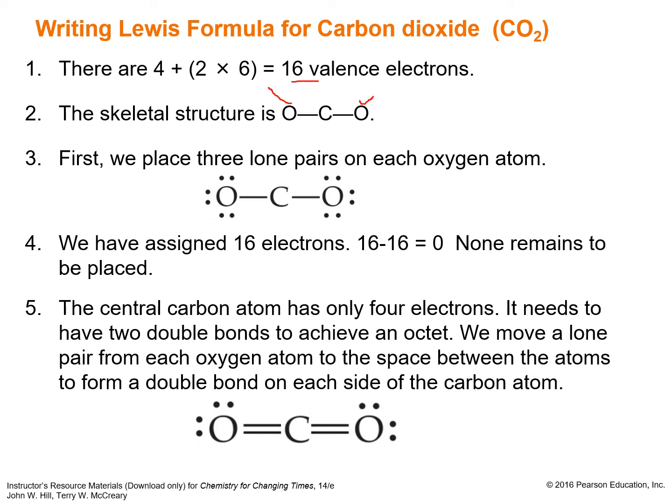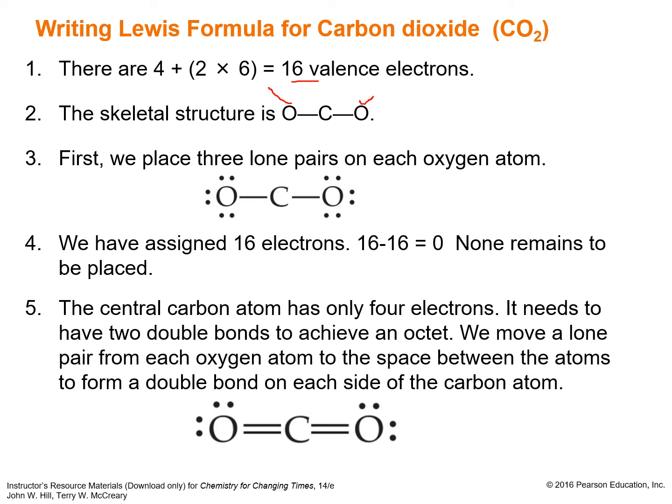And then you start assigning the electrons, right? So you know that carbon is in the center, so you put these two in the skeletal structure, you join them with the bond, and let's count. 1, 2, 3, 4. We know carbon is not full, but we first make sure that the outer atoms have the complete octet.